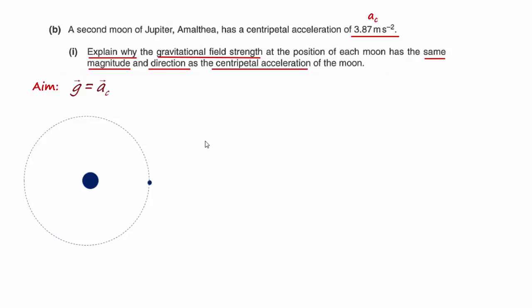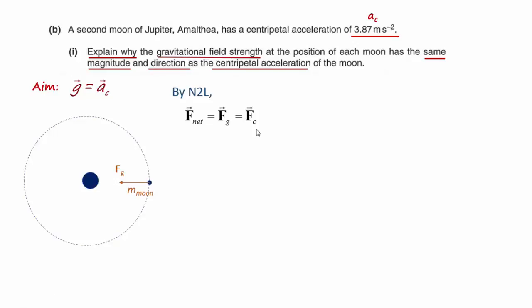Sketching the free body diagram, we have the force acting on the moon, and that is actually the gravitational force. There is only one force, and hence, by Newton's second law, we see that the gravitational force acting on the moon provides for the centripetal force that's causing the circular motion.